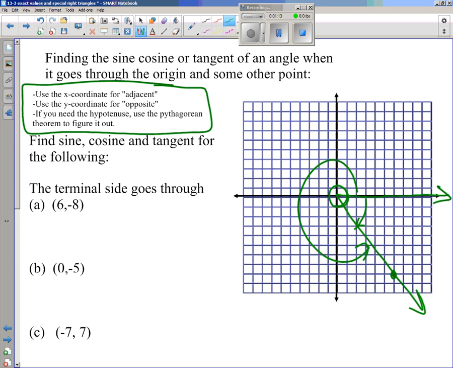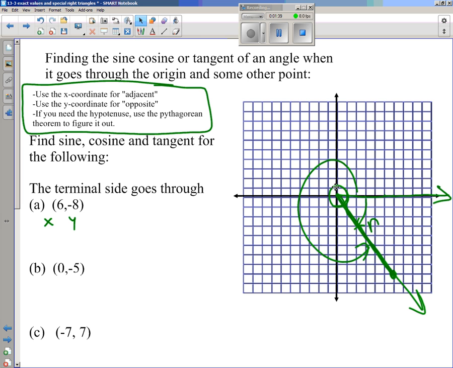Okay. So basically, you can kind of think of it as SOHCAHTOA. Now, technically, the formulas are these. x is 6, y is -8, and then the radius, okay, we use radius because we can always think of this as being on the circle.